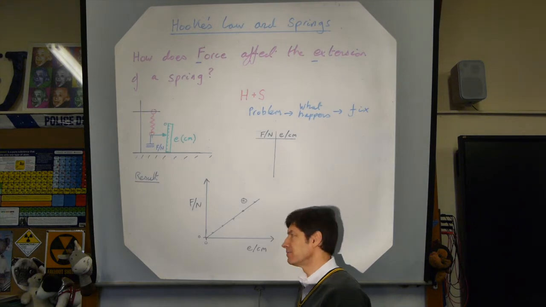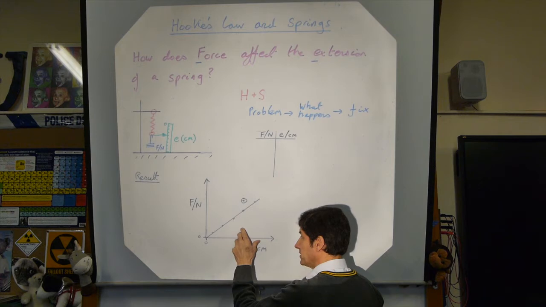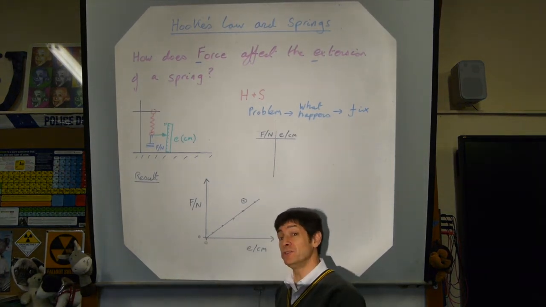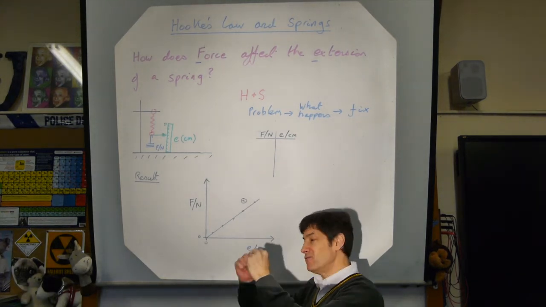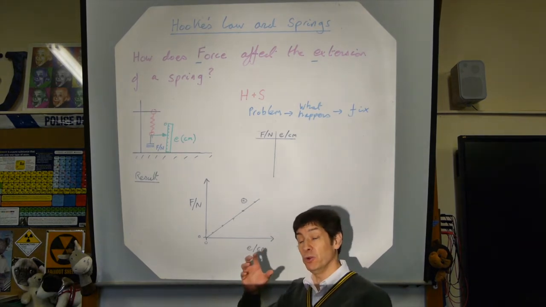That can't be the case. And what happens, it's a very difficult exam question. If the line went up in the same way but had an extension for nothing on it, what the student's done there is they've put the ruler at the top of the spring and they've got a length before they even got started, before they put the weights on.